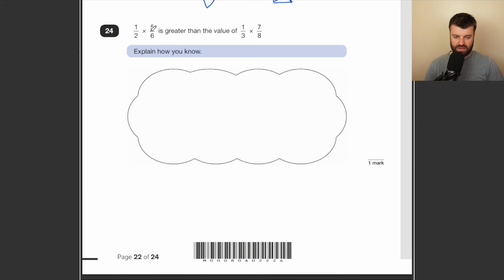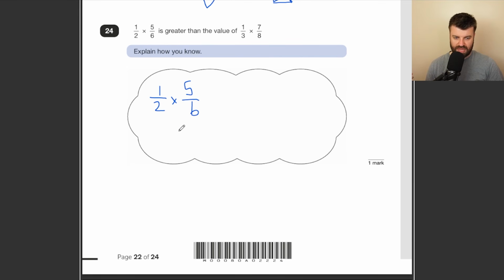Question 24. 1/2 times 5/6 is greater than the value of 1/3 times 7/8. Explain how you know. Well, there's a number of ways you can do this. You can literally do the maths to prove it. Well, how do we know this?